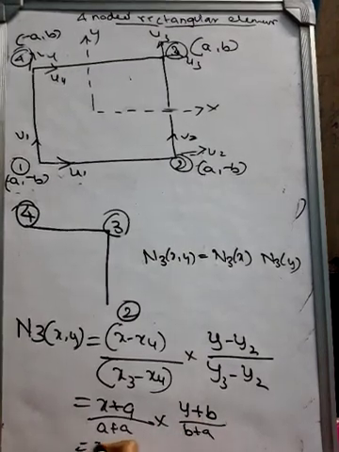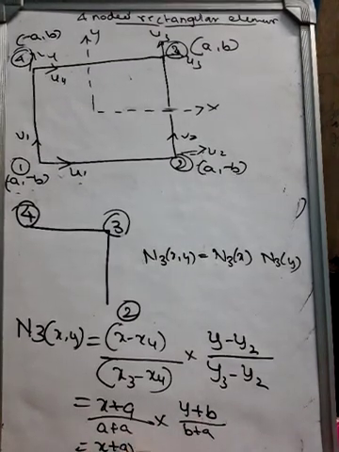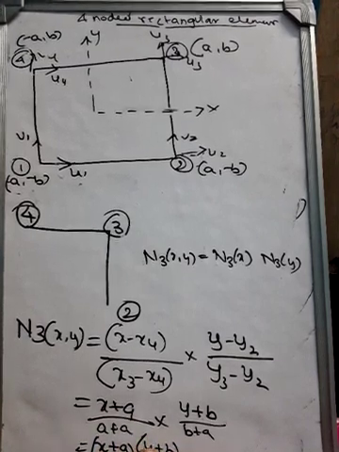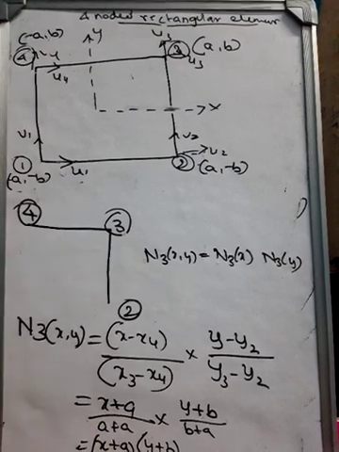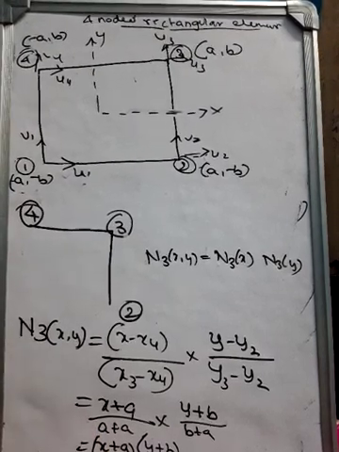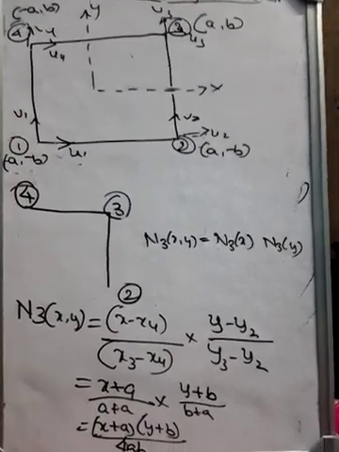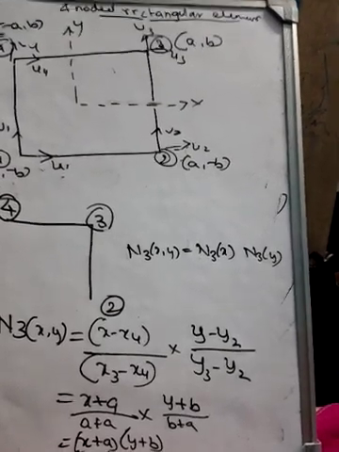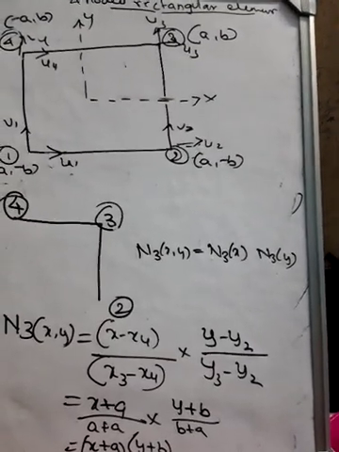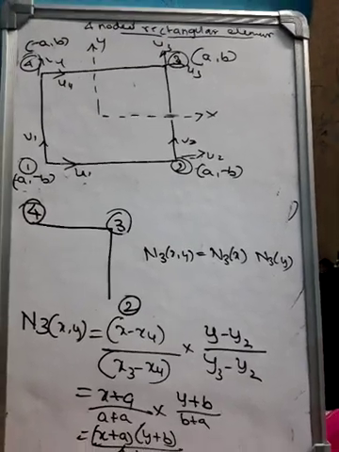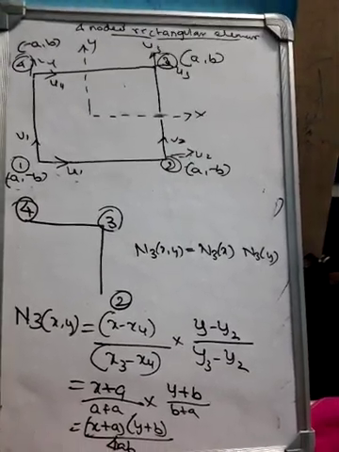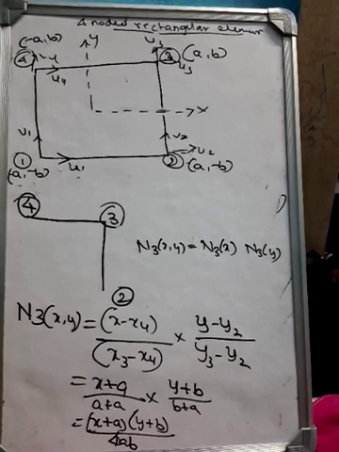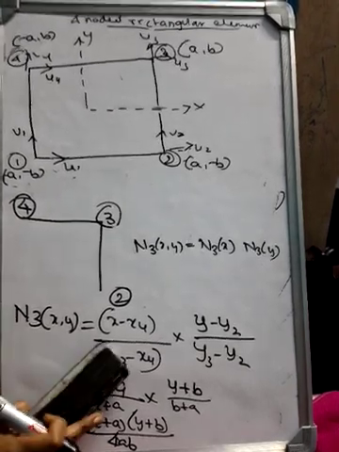So I will be getting x plus a into y plus b divided by 4ab. Okay, so this is how we are going to calculate the N3 value.